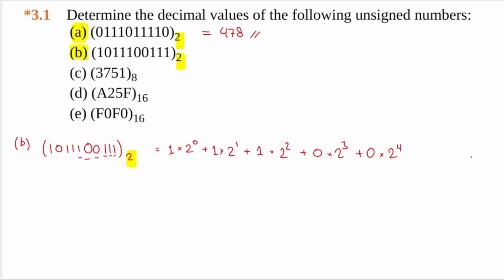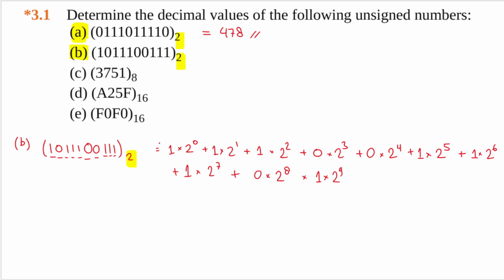And then we will have 1, so we multiply this by 2 to the 5th power. And then we will have 1, 2 to the 6. And then plus 1 multiplied by 2 to the 7. And then 0 multiplied by 2 to the 8. And then finally 1 multiplied by 2 to the 9.